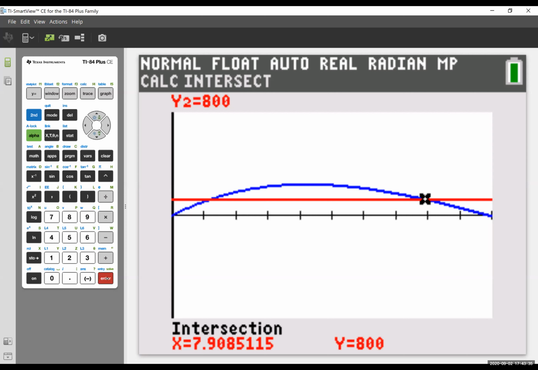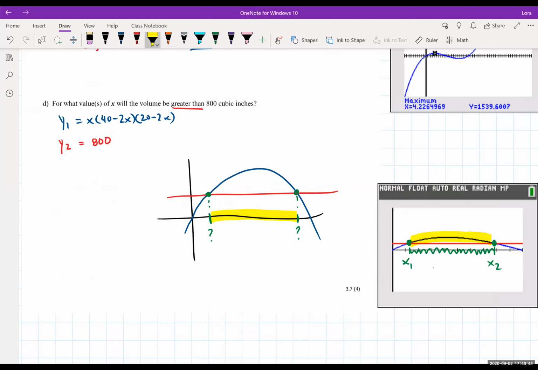So we go back one last time, update our ideas, and say, remember what we just found. I now can erase my question marks because I no longer have questions. I have 1.21 and 7.91.